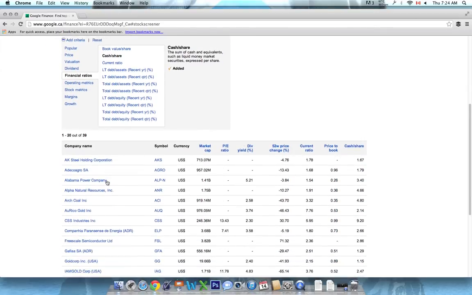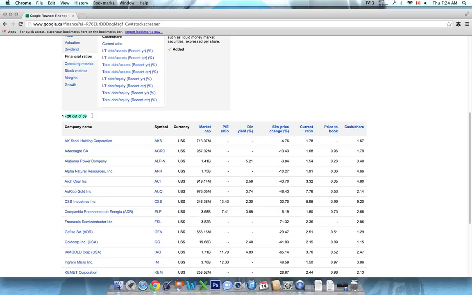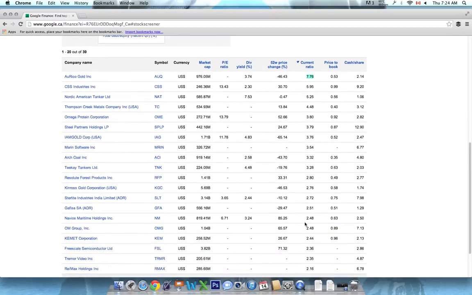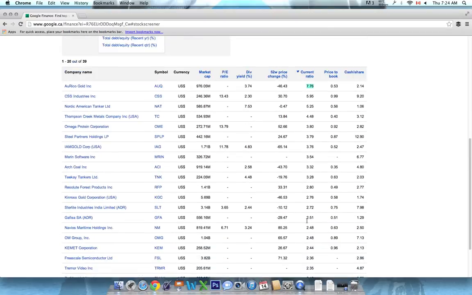So if we come down here on the New York Stock Exchange, we can find that there are 39 companies that meet our criteria. If I'm interested in seeing how safe they are from a debt perspective, I'll sort by current ratio. And you can see there are a number of companies with a current ratio above 2.